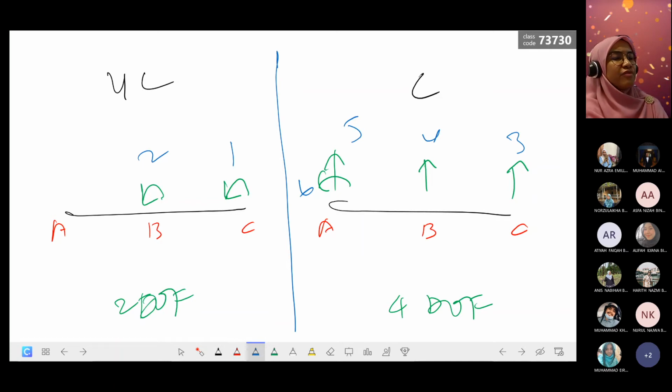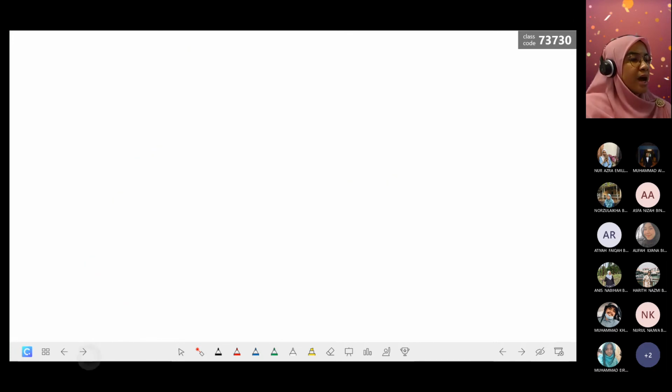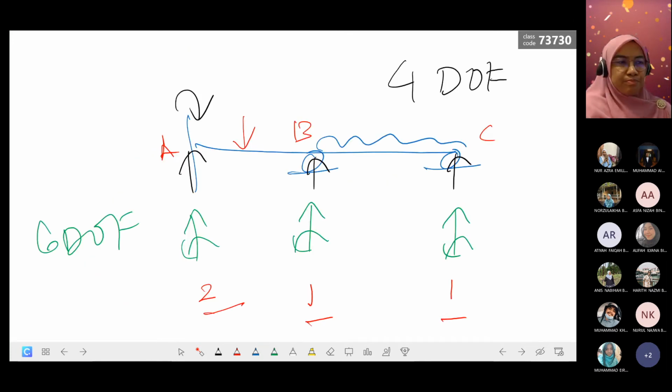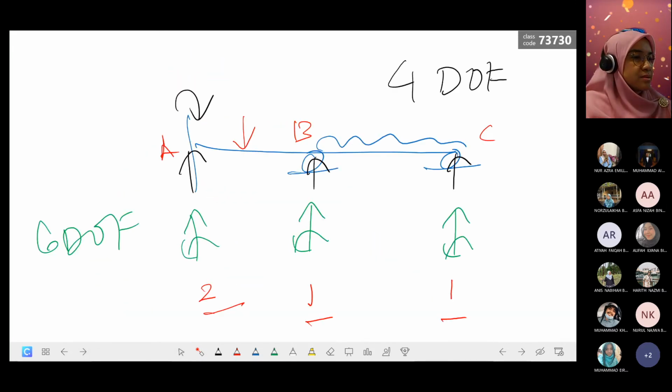So macam mana nak identify ni? Kena identify from conventional way how we look the beam. Yang hitam tu.